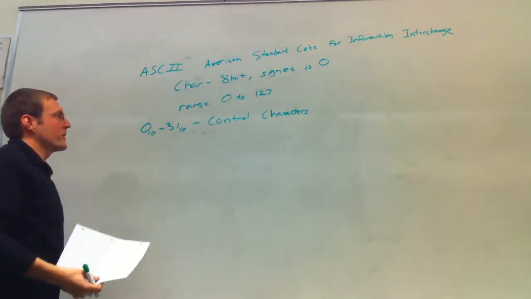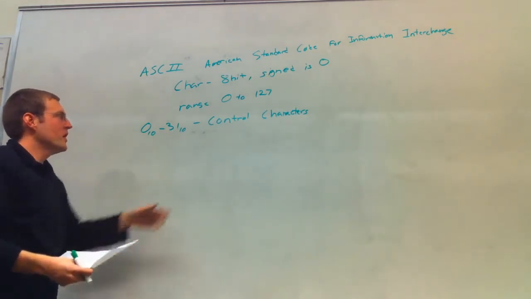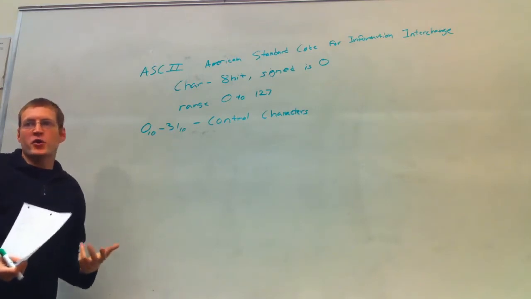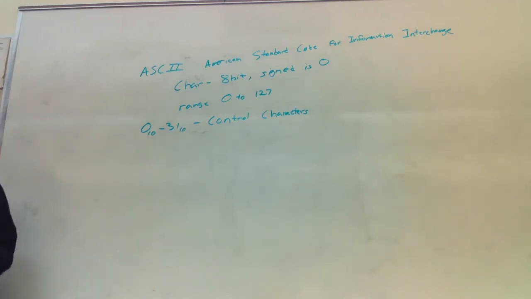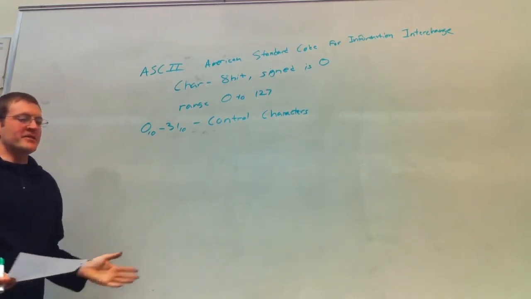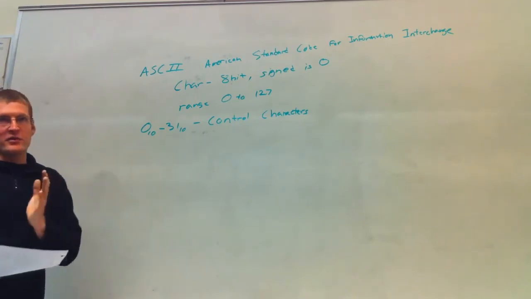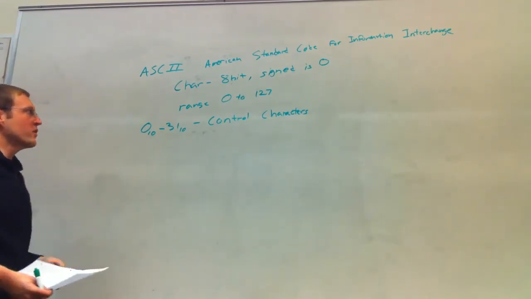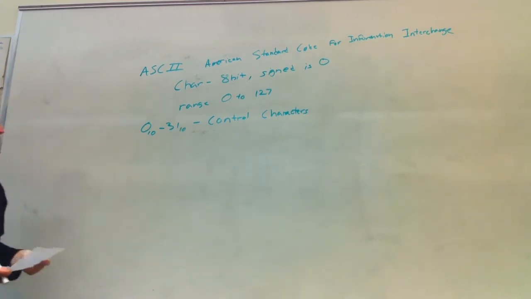We don't want to print them, we want them to do something. So when you hit enter, enter is a command to create a new line, like an old school typewriter. When they roll the line down, we hit enter. When you hit tab, it moves the carriage over 4 spaces. So those are considered our control characters.